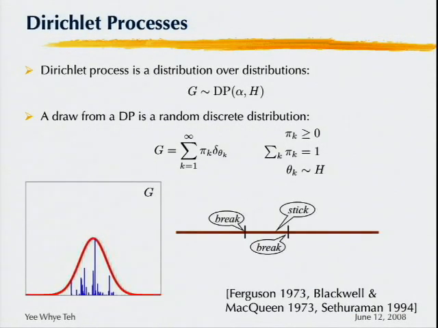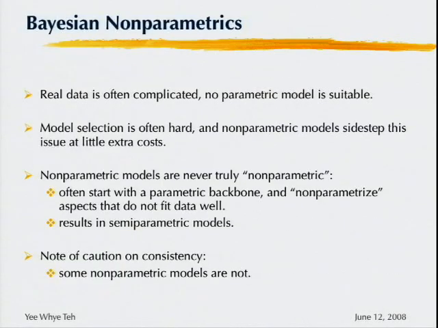So that's basically a Dirichlet process, and a Dirichlet process is one of the cornerstones of Bayesian nonparametrics. It's one of the basic models that everybody uses. And some philosophy of Bayesian nonparametrics. Firstly, I've told you that real data is often very complicated, and really no parametric model is suitable for describing this real data.